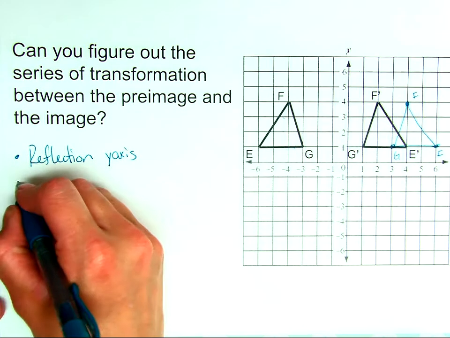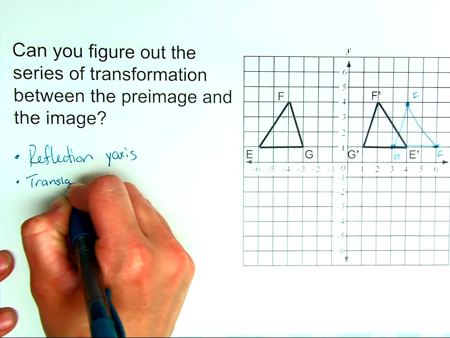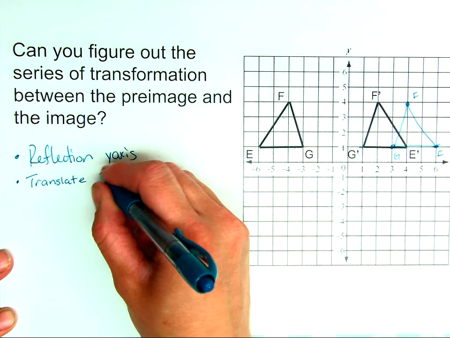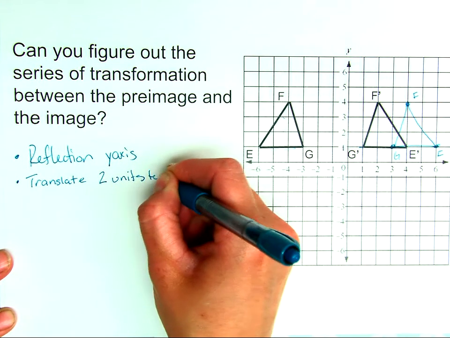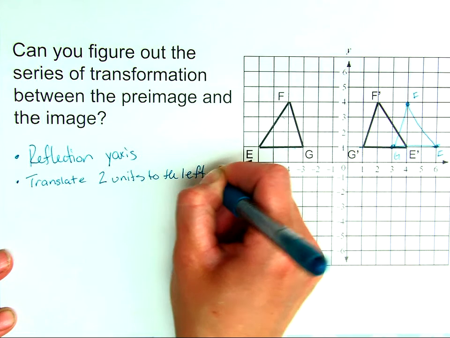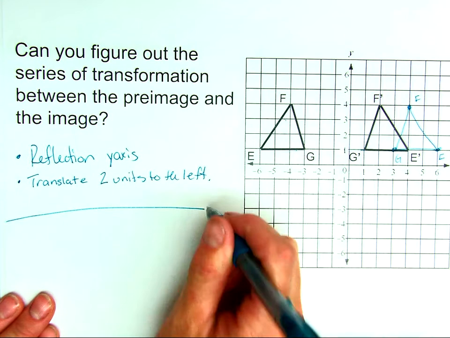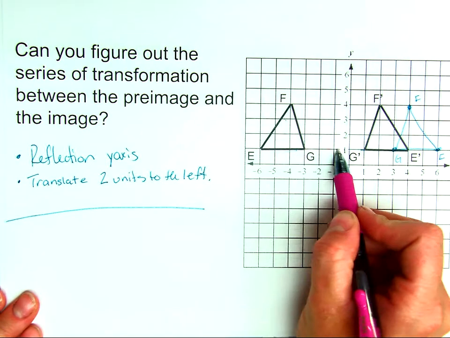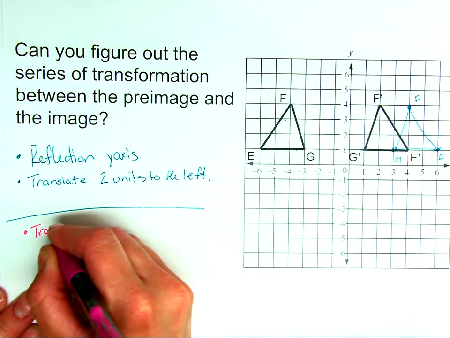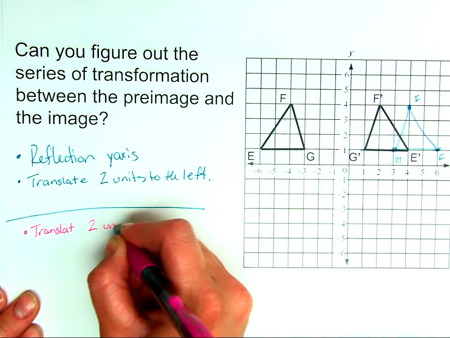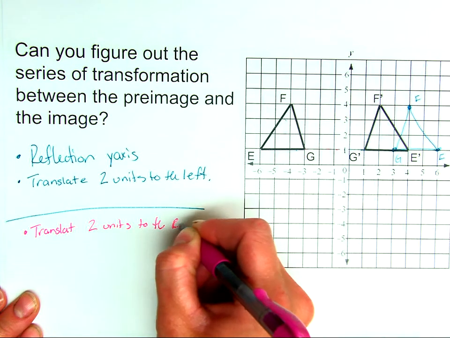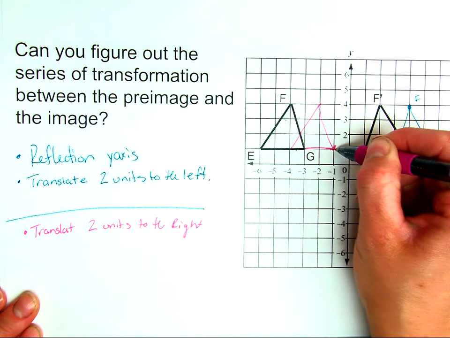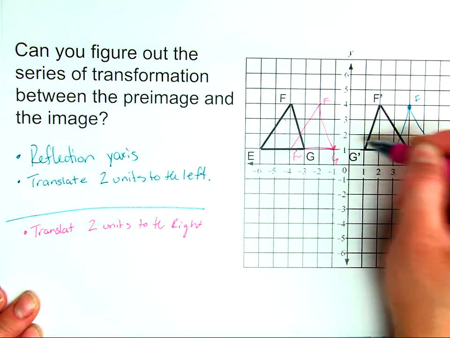So then we need to translate, it looks like just 2 to the left. And we would end up where we are. If I were to do something else here, I could have translated first, which would be going 2 units to the right, because that would put me here. And then reflect.